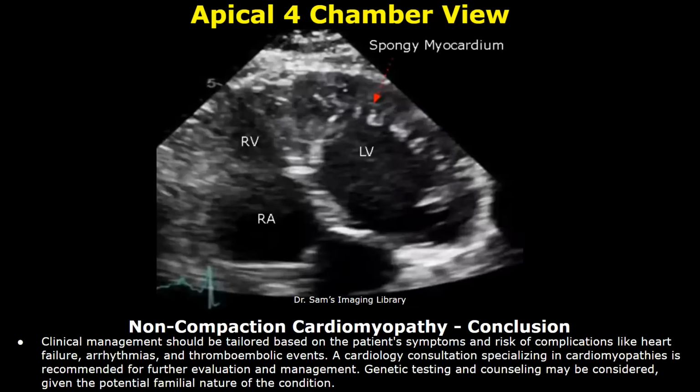Clinical management should be tailored based on the patient's symptoms and risk of complications like heart failure, arrhythmias, and thromboembolic events. A cardiology consultation specializing in cardiomyopathies is recommended for further evaluation and management. Genetic testing and counseling may be considered given the potential familial nature of the condition.